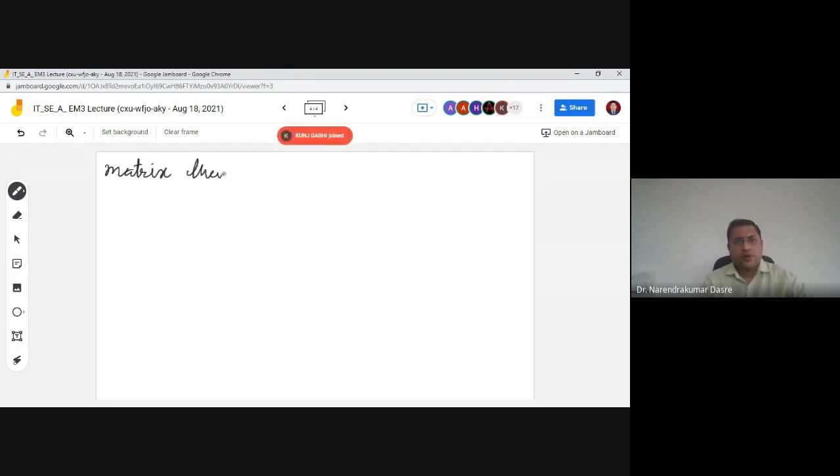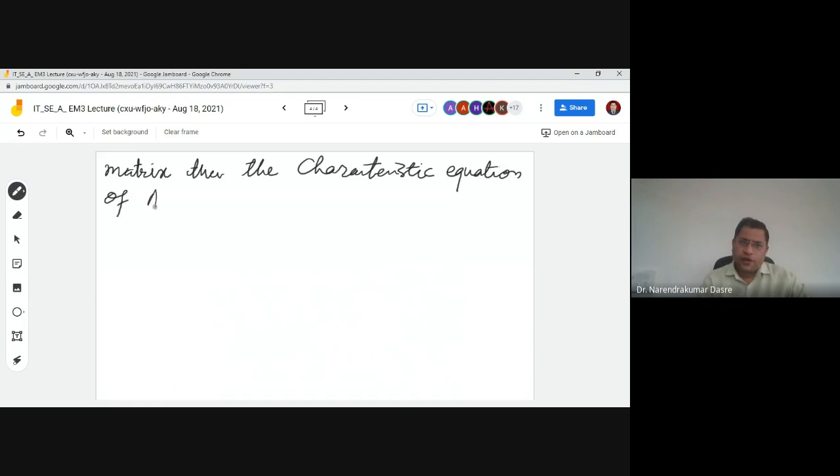Then the characteristic equation of A is given as determinant of A minus lambda I equal to 0.